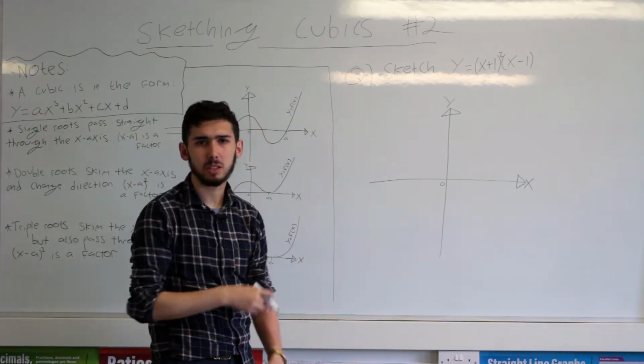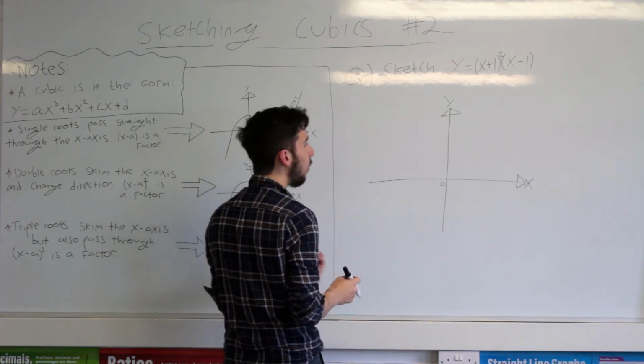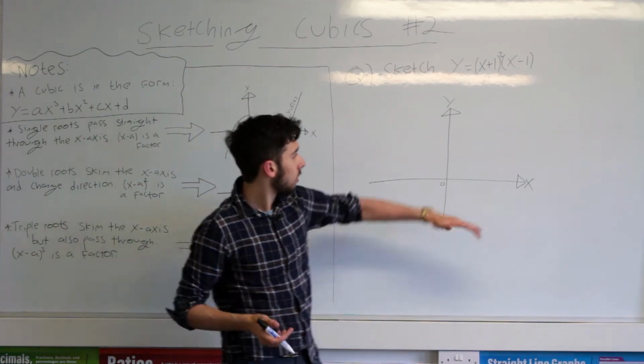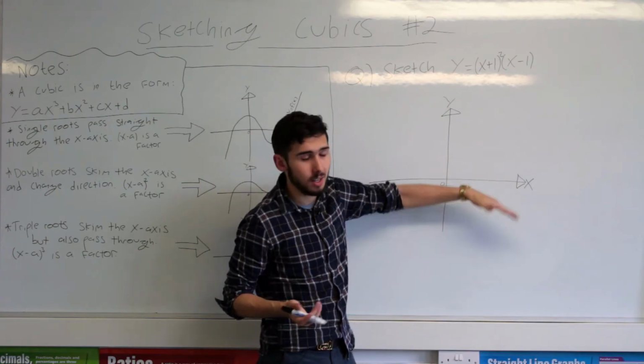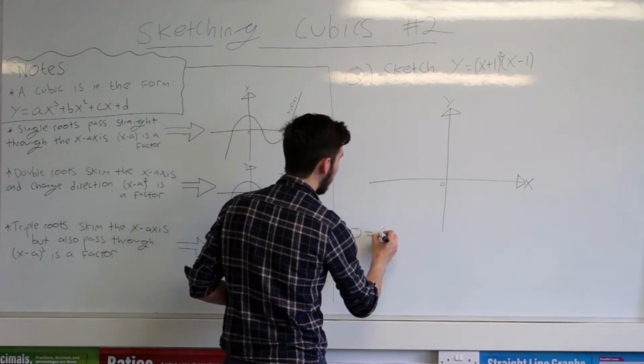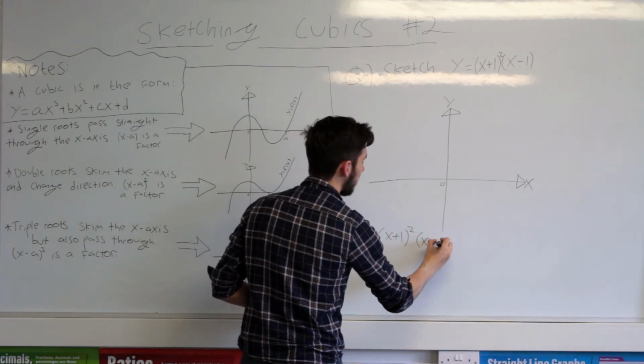Let's do the x-axis first. We do the same thing as always. We want when y is 0. Why? Because when y is 0, we are on the x-axis, okay? So we're going to set y equal to 0. We're going to say 0 equals (x plus 1) squared times (x minus 1), okay?